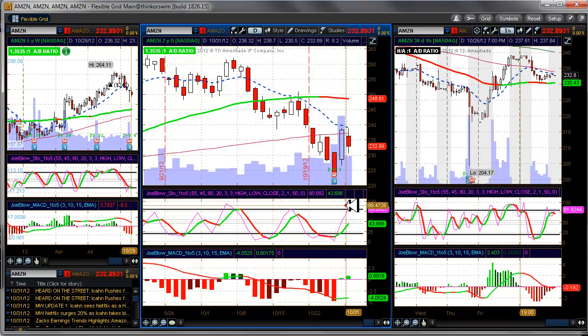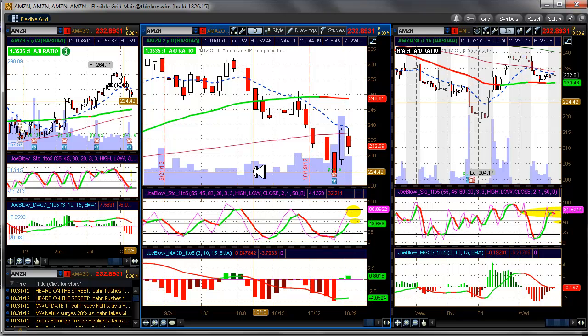I'll say, all right, I'm looking for something to happen here. I'm looking for the slow stochastic to come up and hit this 80 or get at least close to it. If we're in a downtrend and it comes above 55 and then hooks back down, I would get in. So we're also watching for something to happen here. So either of those, a hook there would look interesting.